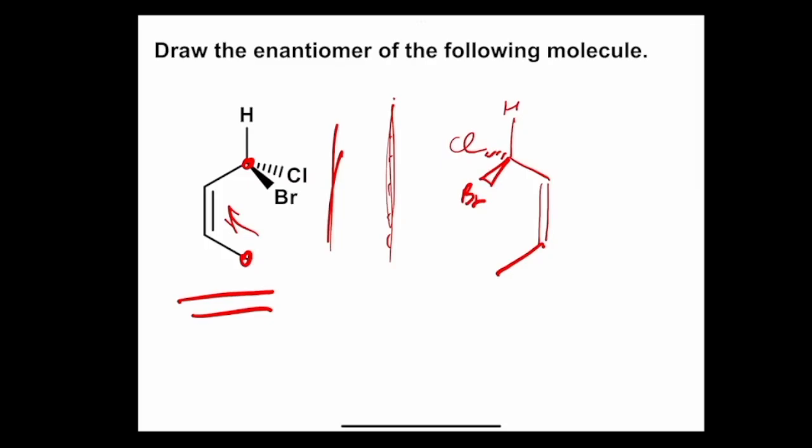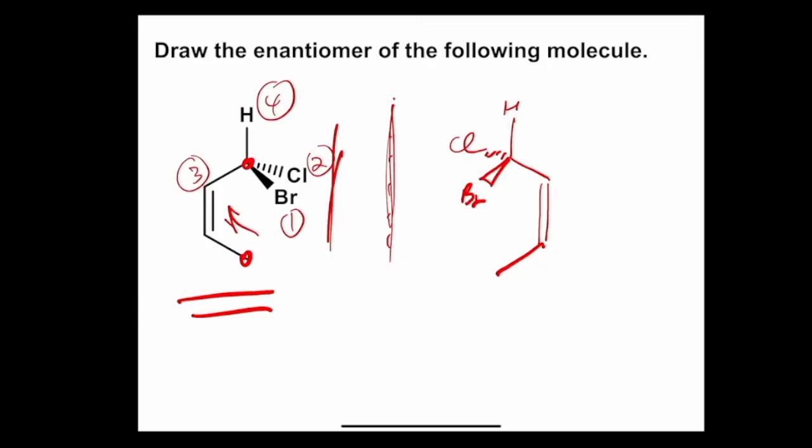What I should say, though, then is, okay, right here, this is going to be, let me check this. I'm floating under the molecule, bromine, chlorine. I think that's a R center. 1, 2, 3, 4. Does somebody agree with me?